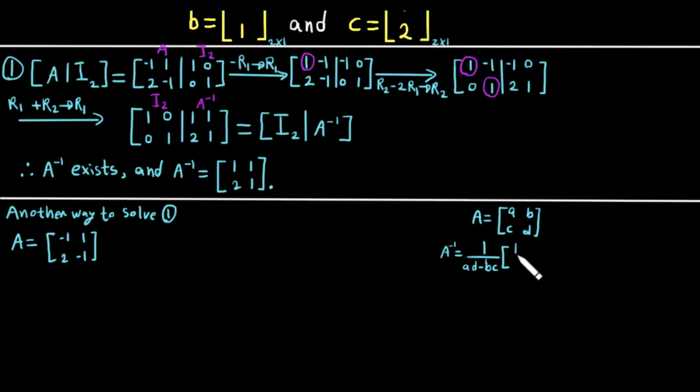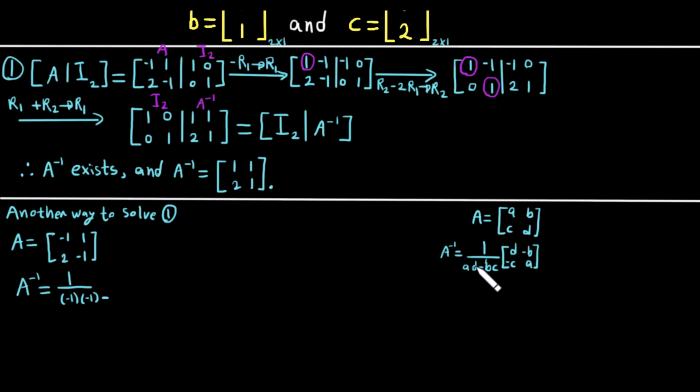So here it will be D, and here A. I will close this, and here it will be minus B, and here minus C. So here A inverse equal to 1 over negative 1 multiplied by negative 1 minus negative 1 multiplied by negative 1, because here we multiply this one by this one.